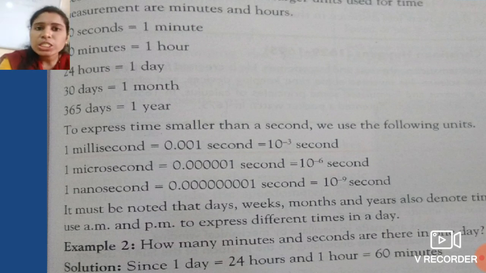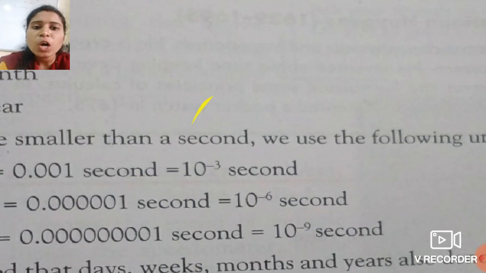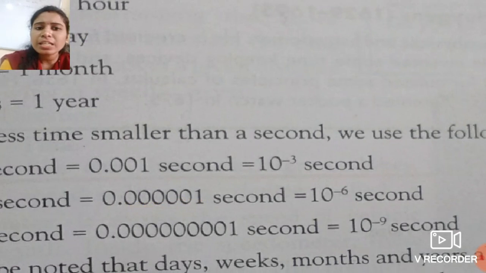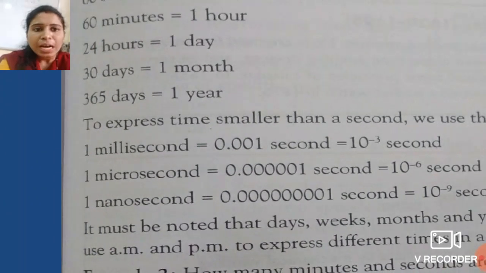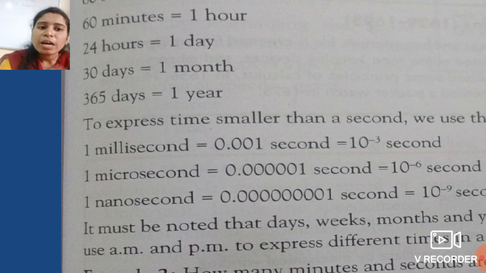It is equal to 10 raised to minus 3 second. How? Count here how many zeros are there: 1, 2, 3. So it is 10 raised to minus 3. Here you should write 3 at the top of this 10. So first we have to count how many zeros are there, and afterwards you can write as shown in this case.